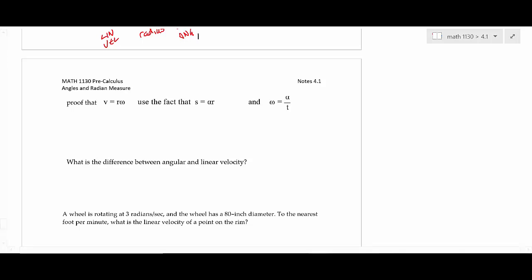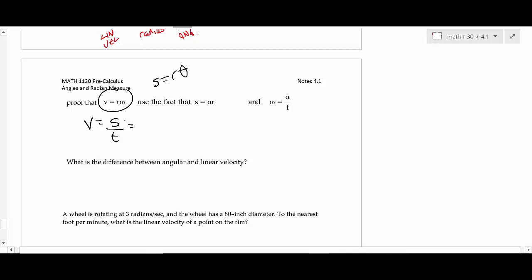So with this one, I want to prove this formula. I'll show you how this is proved, and it's actually a real simple proof. We're going to start with the formula V is equal to S over T. So you want to write that down. Remember, that means arc length over a unit of time. Now, what we learned today was S is equal to R theta, right?